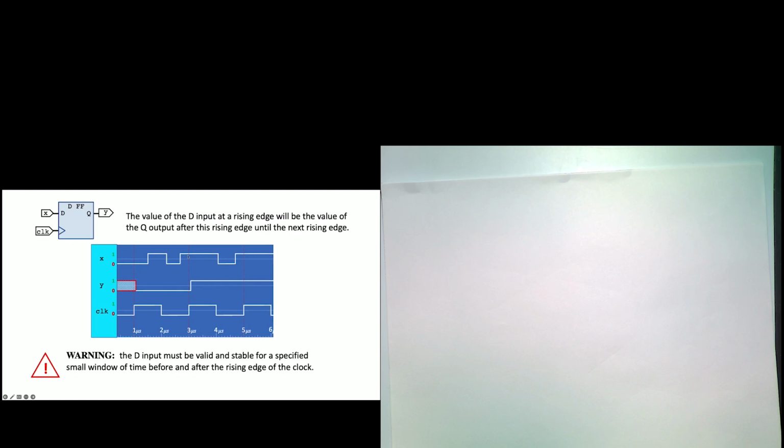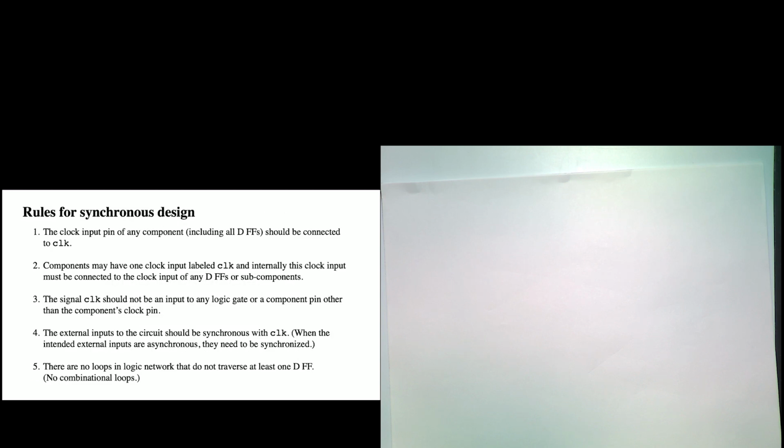If you change x right at the clock edge, havoc may ensue. It's not just a matter of not getting the value on time. I mean, you would pick it up on the next clock edge. You can actually cause the flip-flop to oscillate. Okay, so we went over the commandments for synchronous design.